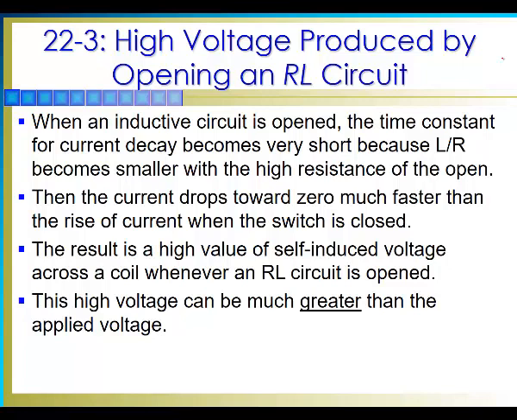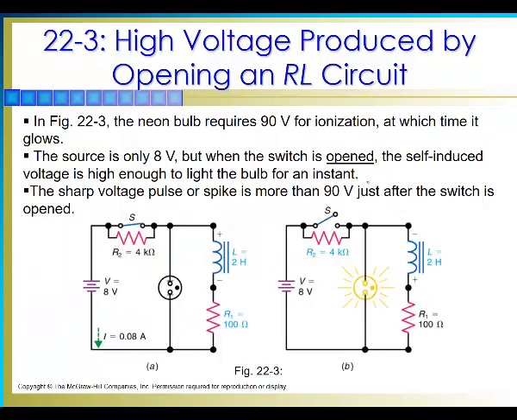The result is a high value of self-induced voltage across the coil whenever an RL circuit is open. So this high voltage can be much greater than the applied voltage.